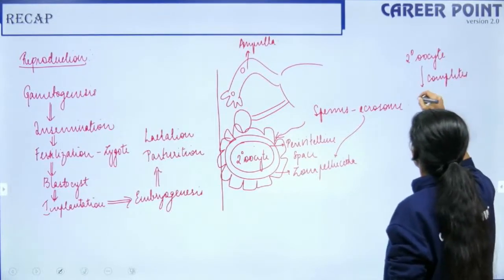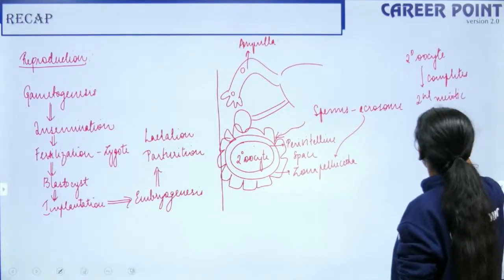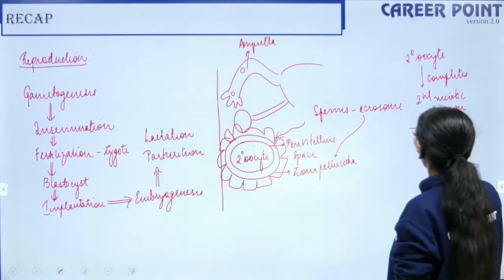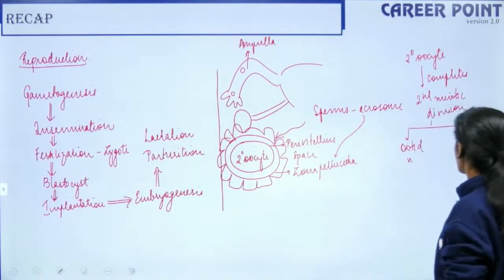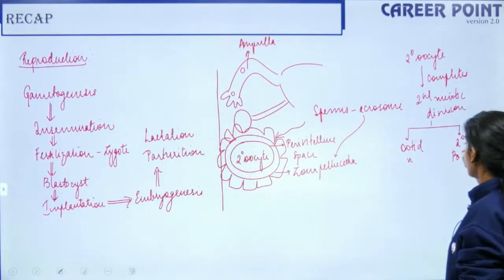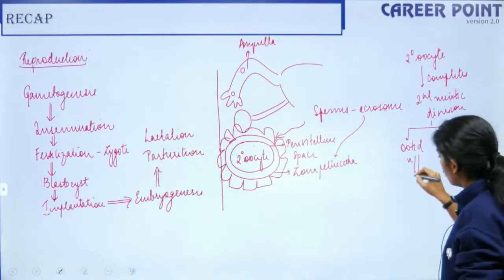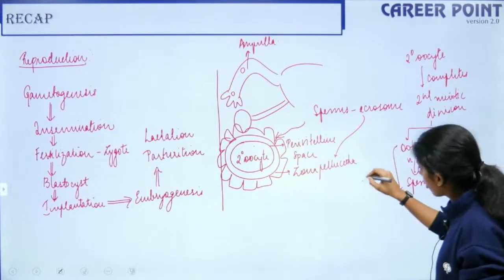The second meiotic division leads to the formation of the ootid, which is haploid, and a secondary polar body. Here the ootid fuses with the sperm and forms the zygote.